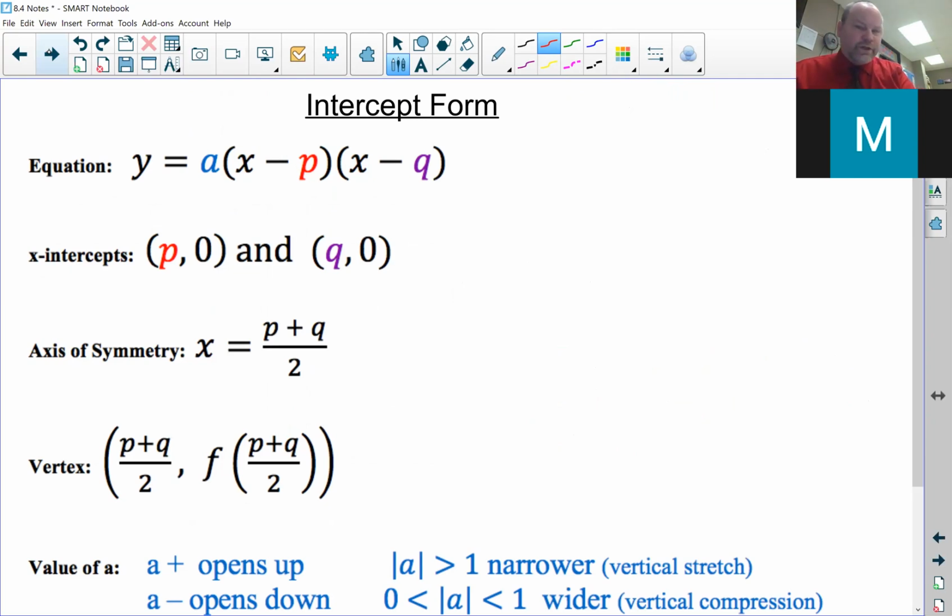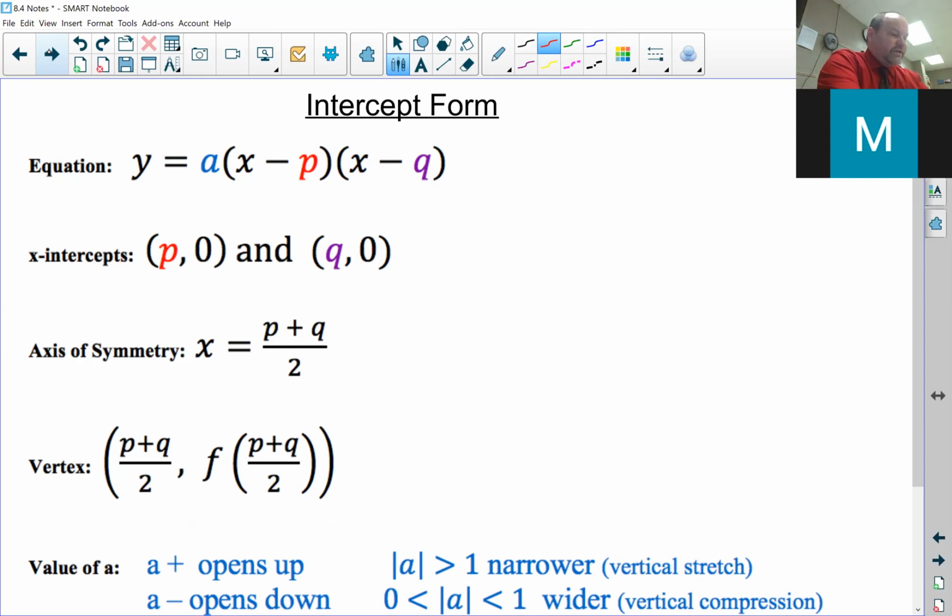Intercept form, the equation is going to be A times the quantity X minus P times the quantity X minus Q. And then our X-intercepts will be P, 0 and Q, 0.